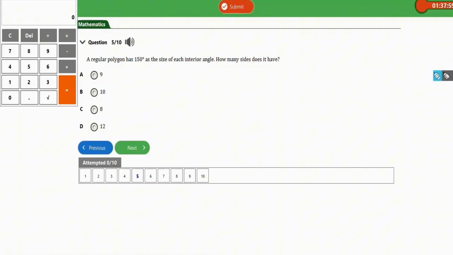So for this kind of question, the size of an interior angle, this is a formula: 180 times n minus 2, over n. So in this question, the regular polygon has 150 degrees as the size of each interior angle.